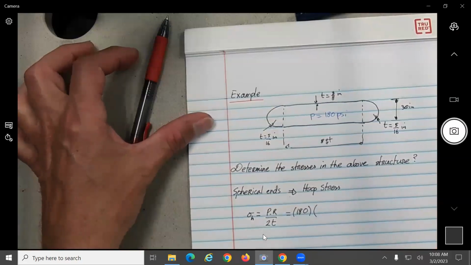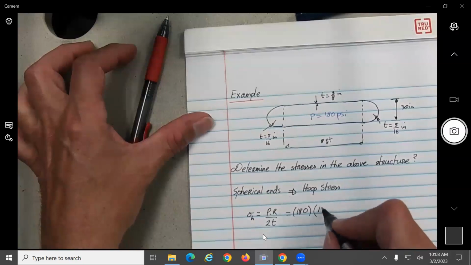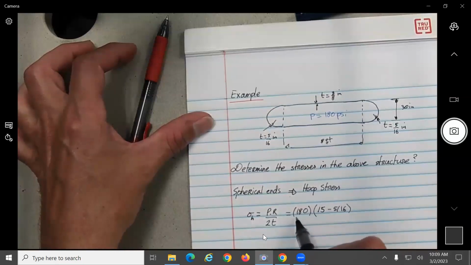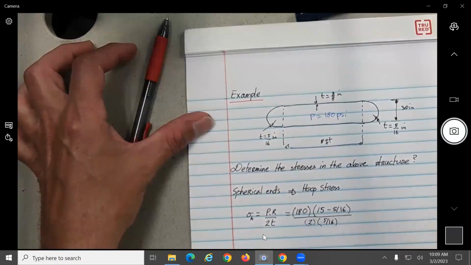Now what will be R? It will be 15 minus 5/16 for R, and then twice the thickness of 5/16.